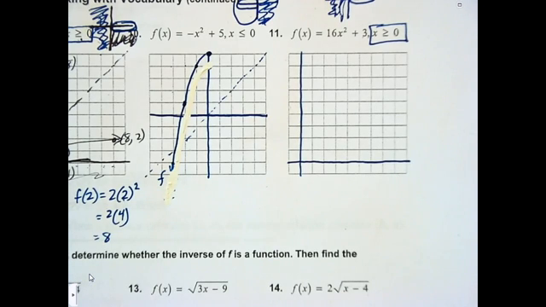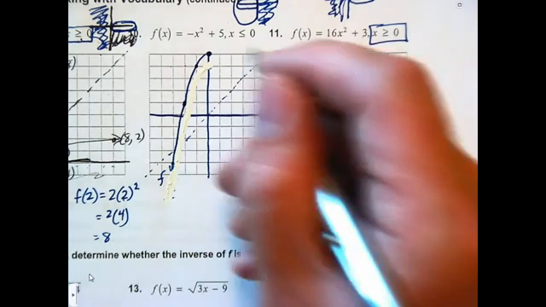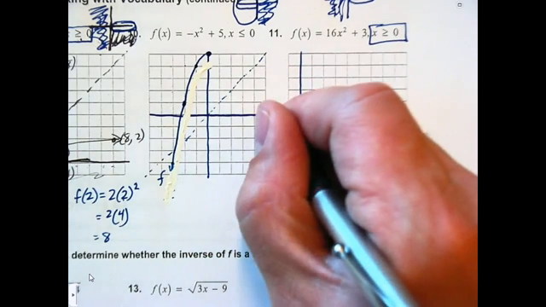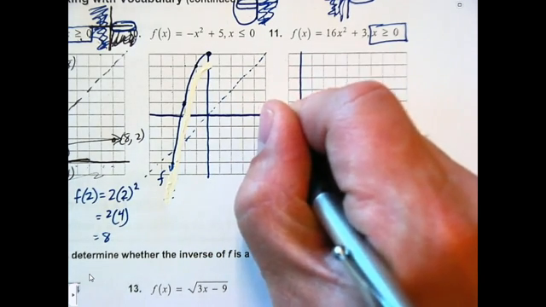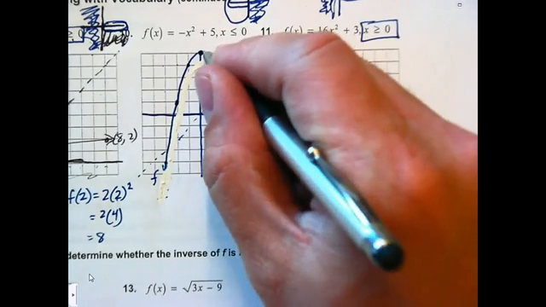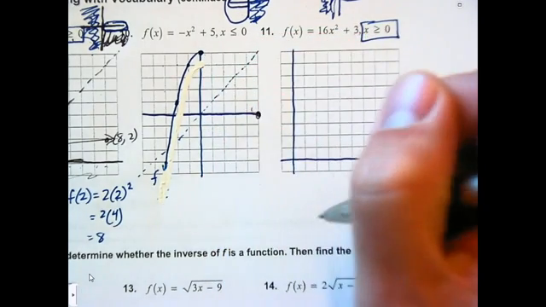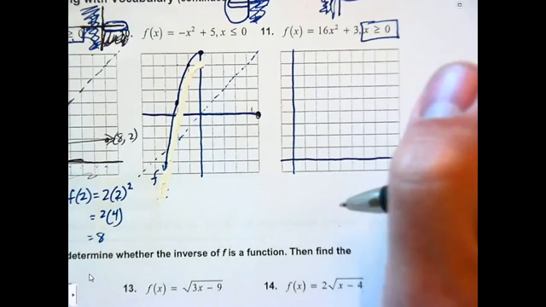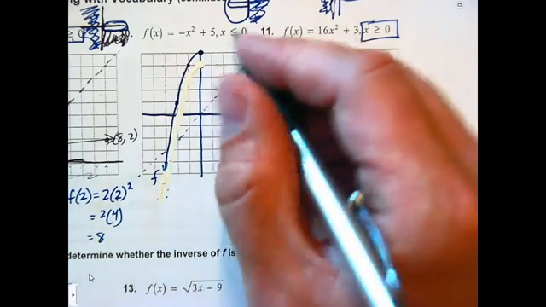Really? You sure? All right, this point right here would go right there. No, you can't. What do you mean you can't? Because this is supposed to be only on the negative side. It's only supposed to be on this side. That's the graph of F.